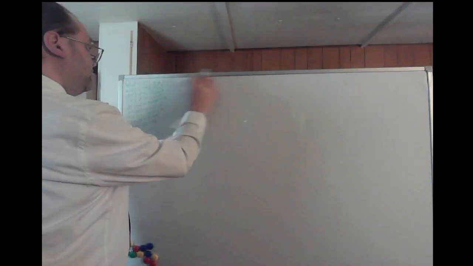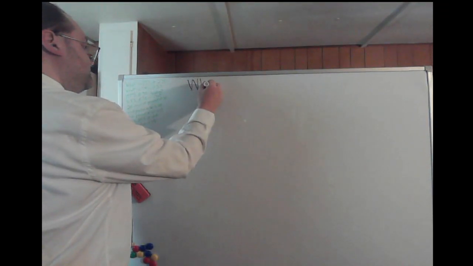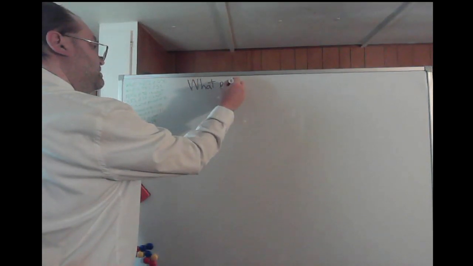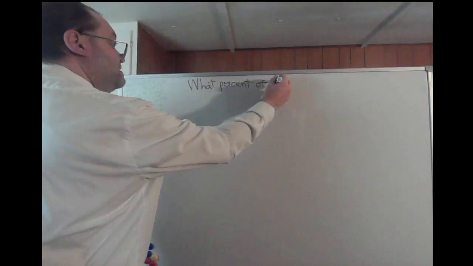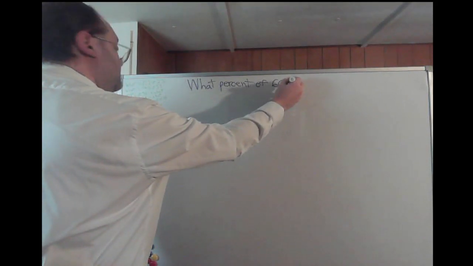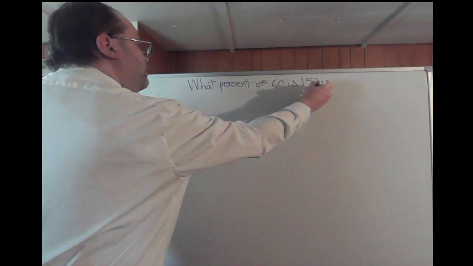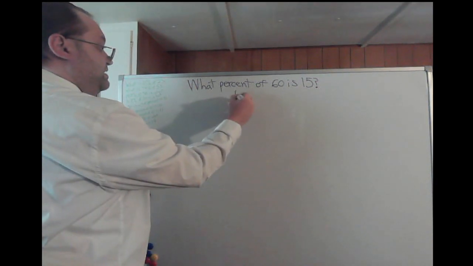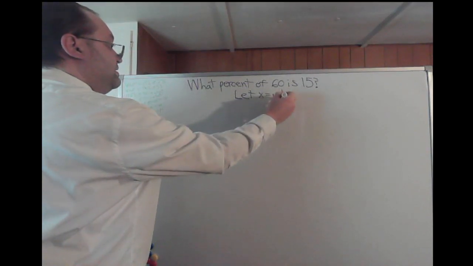Alright, let me write it a little bit bigger. What percent of 60 is 15? Alright, what percent of 60 is 15? So again, take this statement, let x equal what?